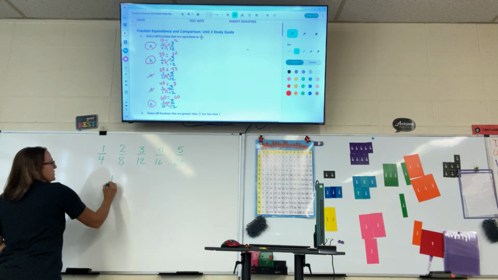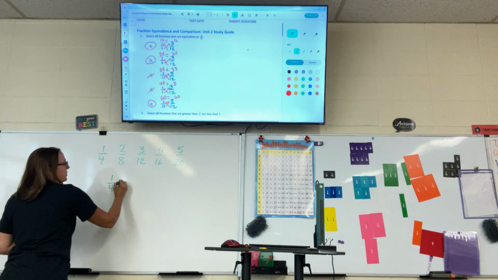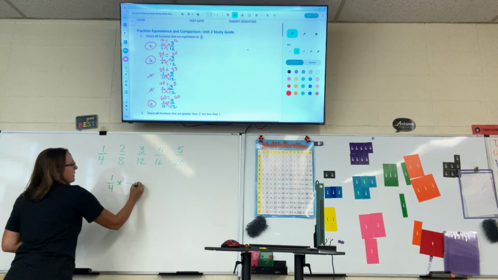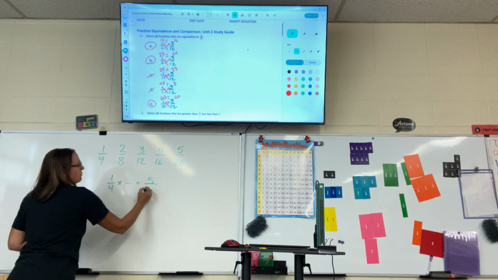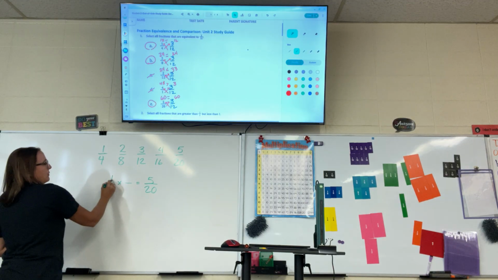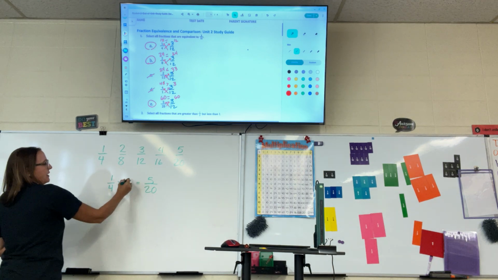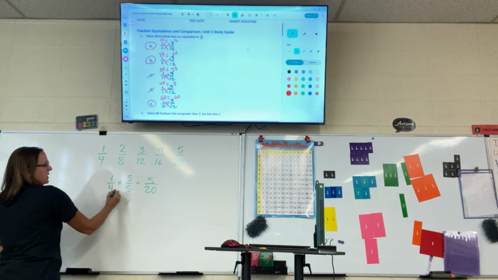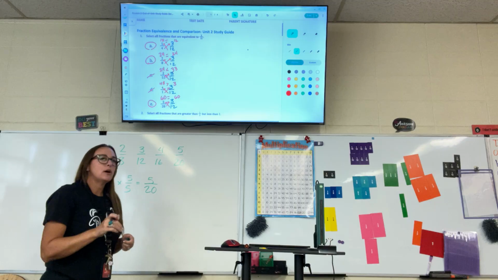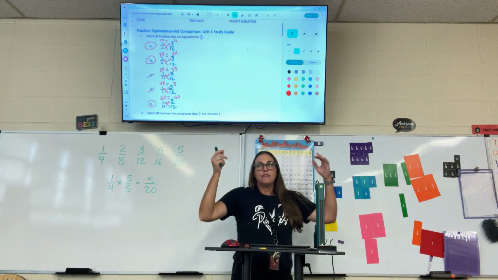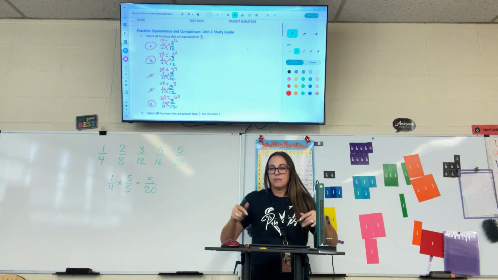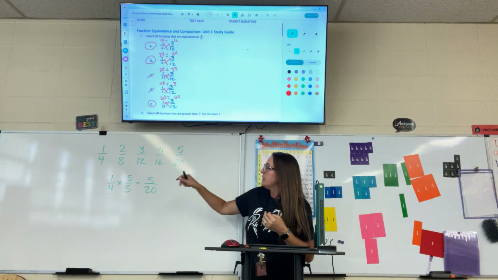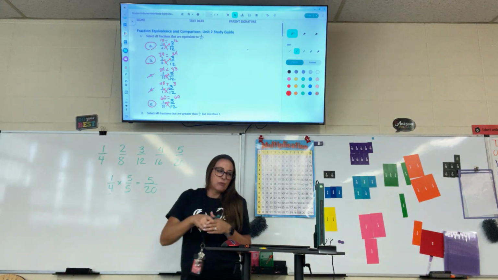However, if we start with 1/4, can we multiply by something and get 5/20? Yeah. What do we multiply 1 times to get 5? 5. And 4 times 5 is 20. So the do it to the top, do it to the bottom thing works when you're starting with the simplest form.